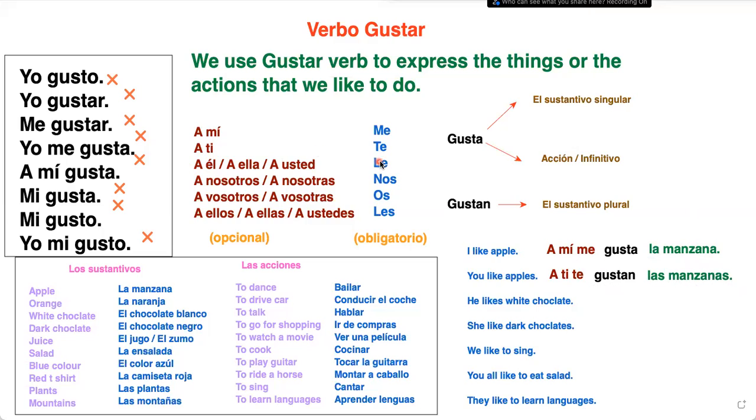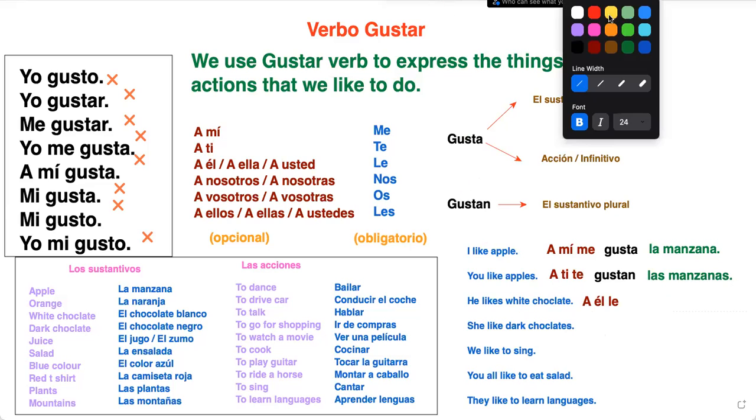He likes. If I write le, it means either he or she or you. So I have to specify. That would be a él le. Again, two possibilities. Gusta or gustan. I'll go and check the object. White chocolate. Singular.